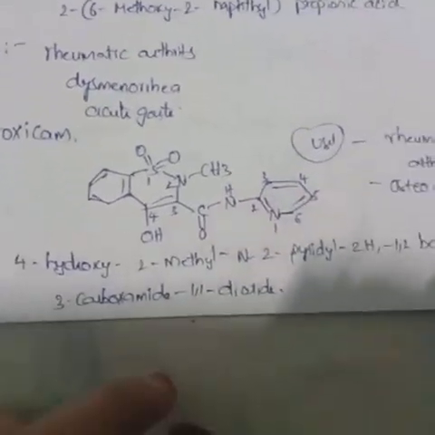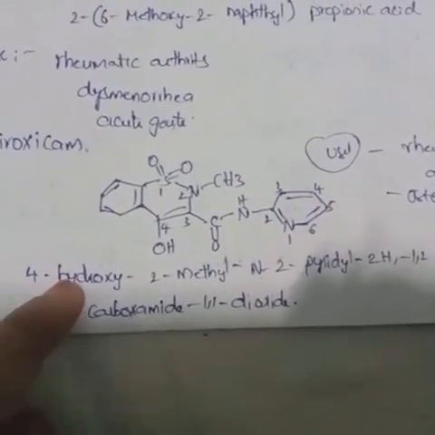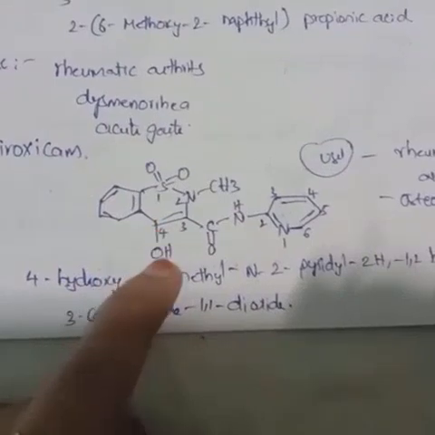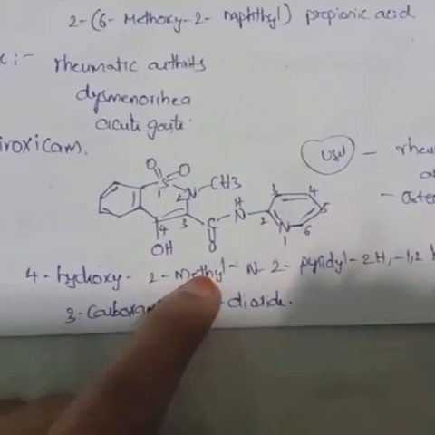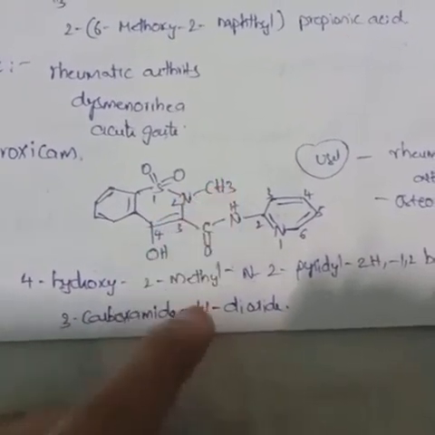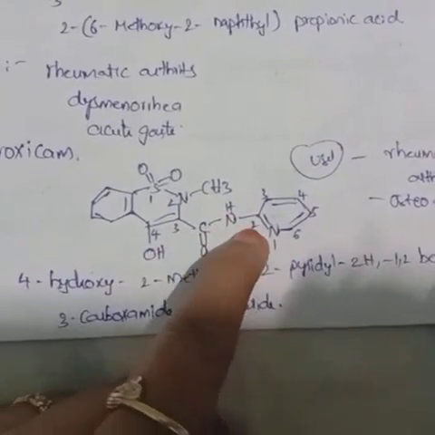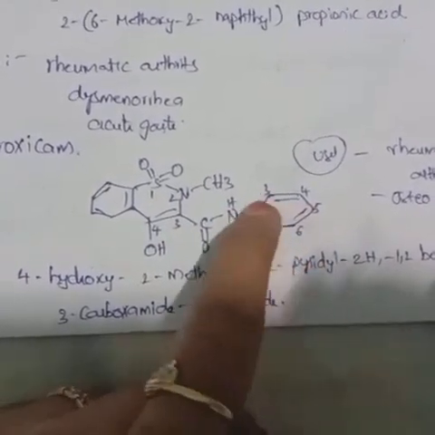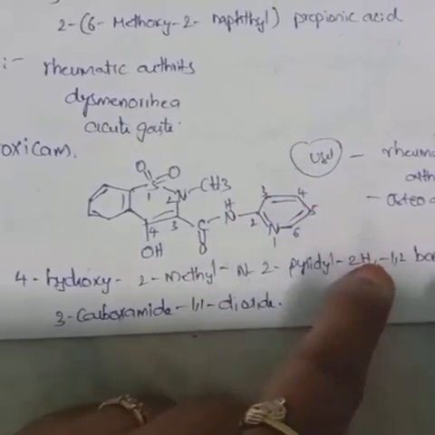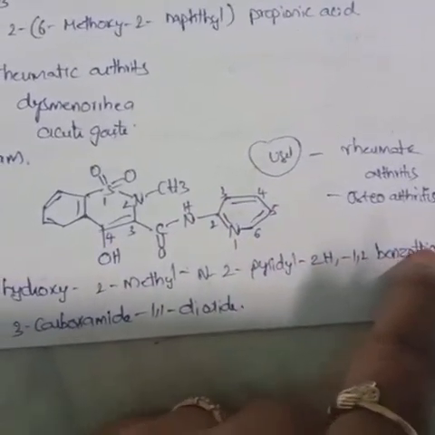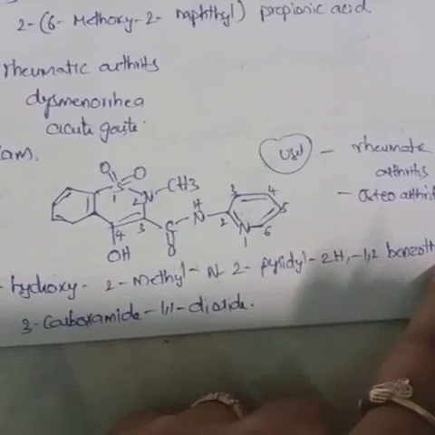See the IUPAC name. 4-hydroxy, at the 4th position, hydroxy group is there. 2-methyl, at the 2nd position, methyl group is there, and N2, and at the N2 pyridyl ring is there, and 2H-1,2-benzothiazine.